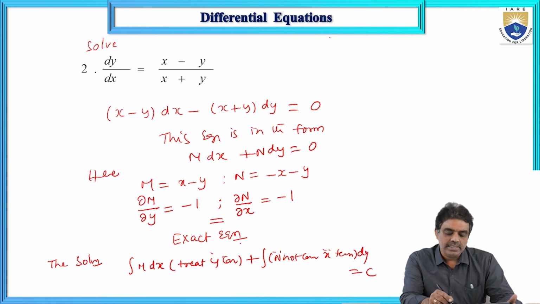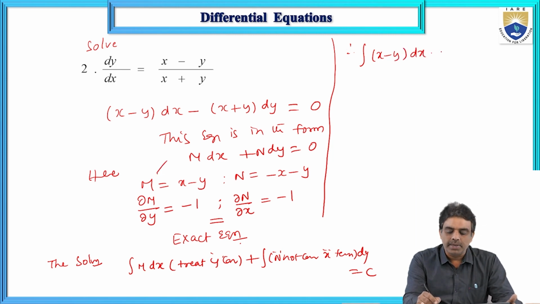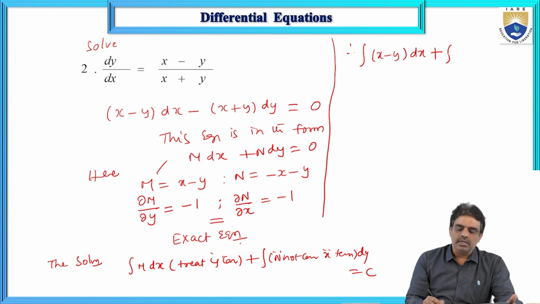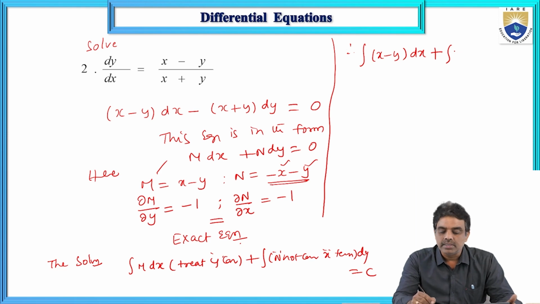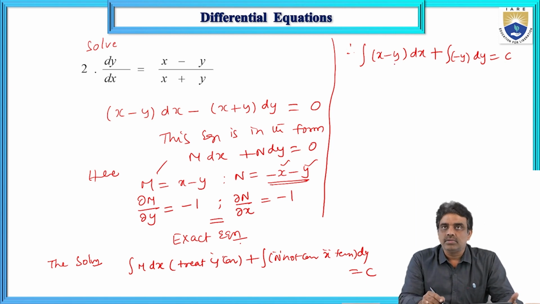So here the solution is integral of m, that is x minus y, dx, plus integral of the terms of n not containing x. Here there is an x term and a y term, so we omit the x term and write only the y term, that is minus y dy, is equal to c.